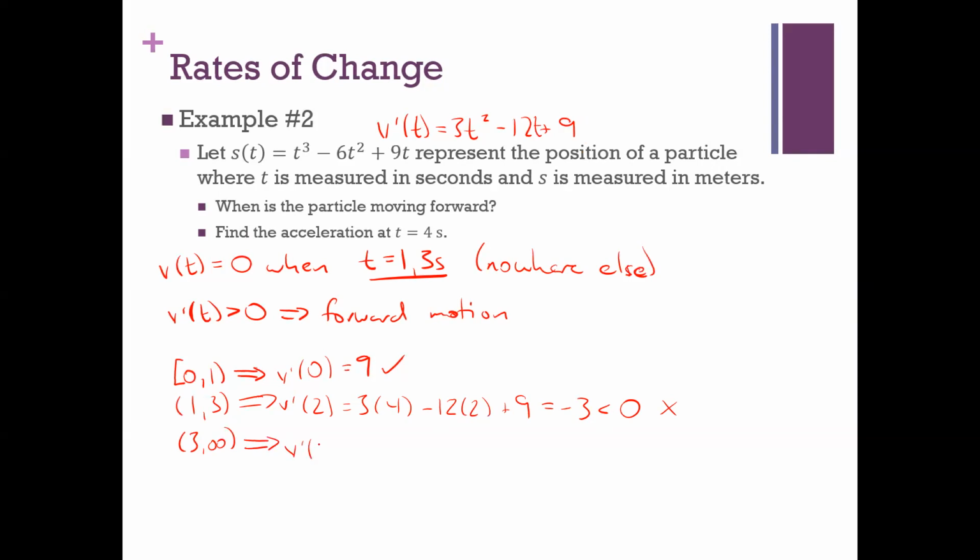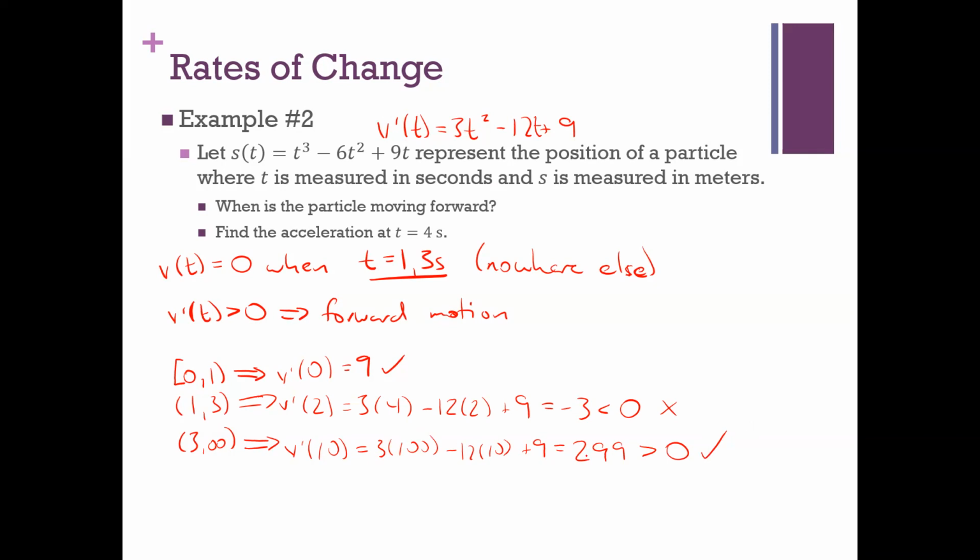And I'll just do v prime of 10 for fun. We would suspect this one's going to be positive, but let's make sure. 3 times 100 is 300, minus, I think 189.